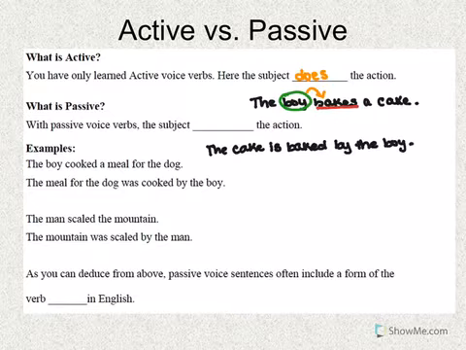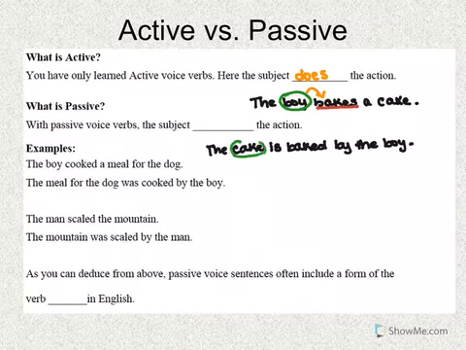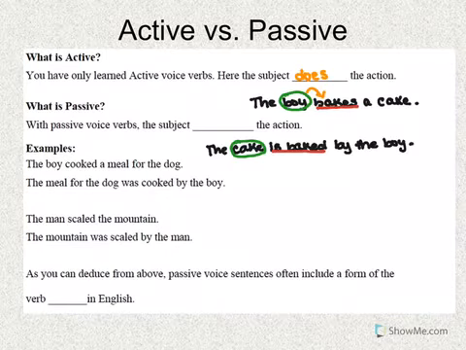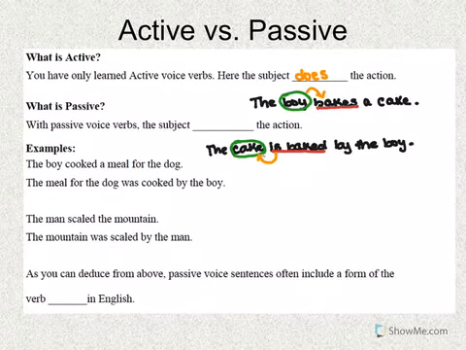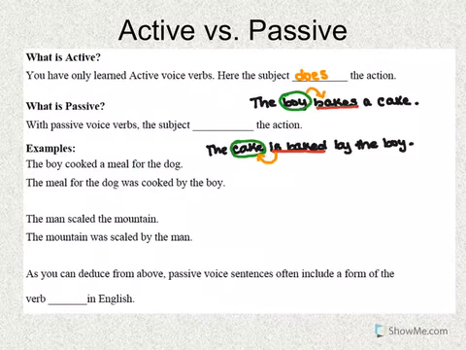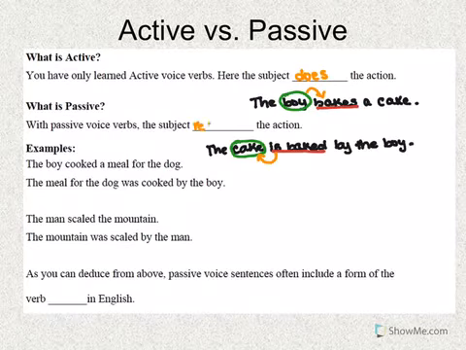Now our subject is the word cake, and our verb is the phrase is baked. Is the cake doing the action? Not unless it magically grew arms. In this case, the subject, the cake, is receiving the action. It's what's being baked. So in this sentence, and in all other sentences with passive voice verbs, the subject receives the action.